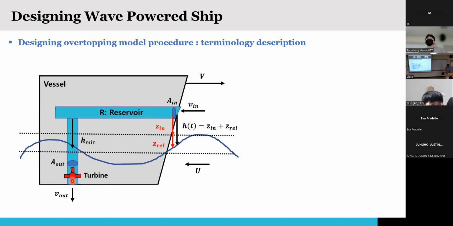Then you need additional power to propel the ship, so it can be a hybrid type of energy source. But anyway, you need to calculate the balance between the power requirement to propel the ship and the energy obtained from the wave energy. So the balance should be done.